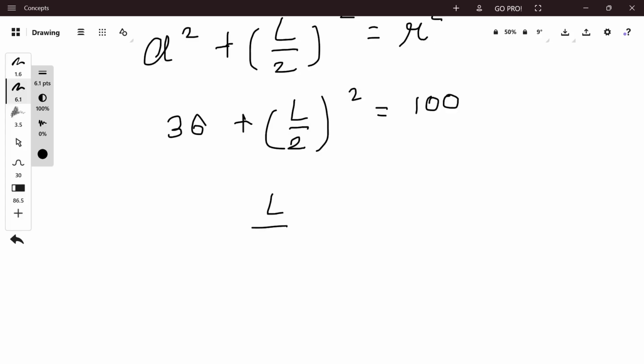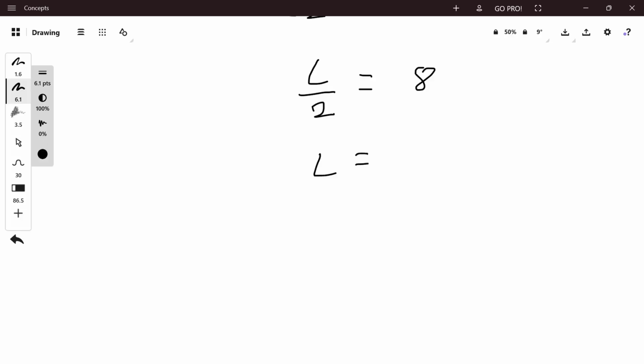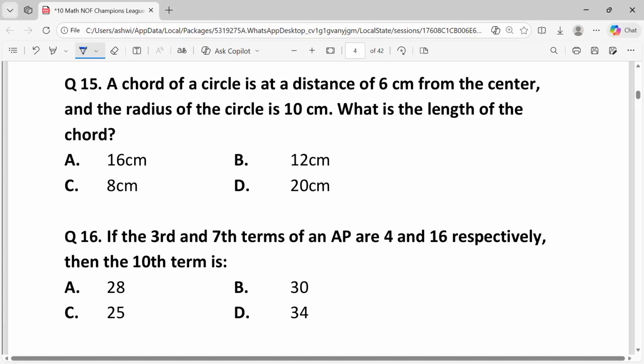Solving for L by 2 square is equal to 64. L by 2 is equal to 8. And L is equal to 16. Comparing with the given options, the answer is A, 16.